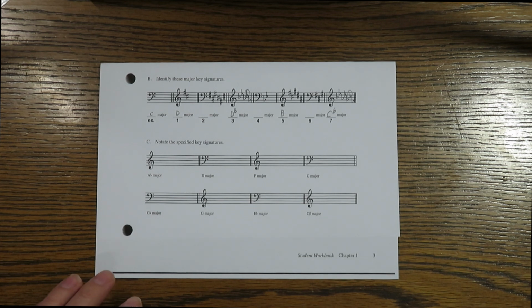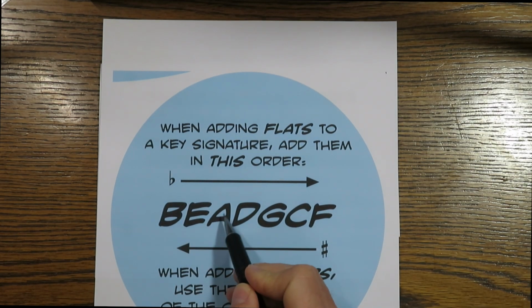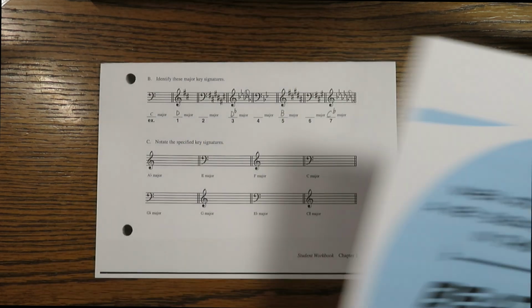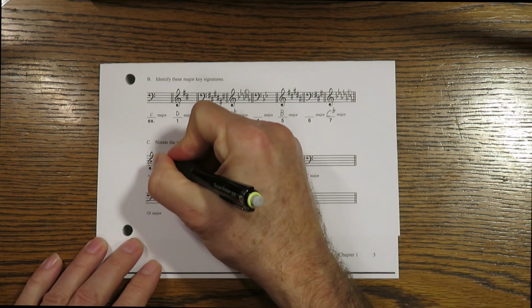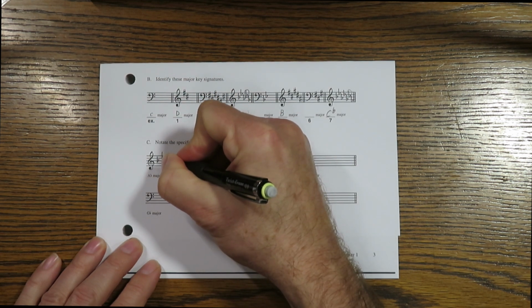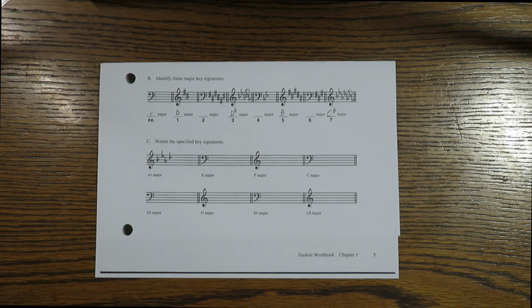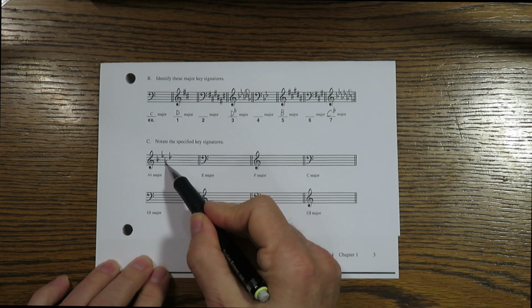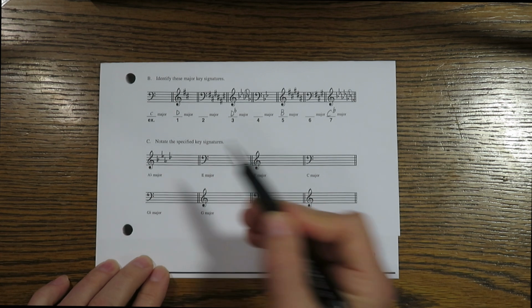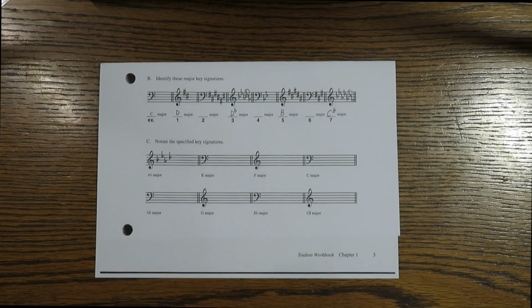Remember our mnemonic device: breakfast eating after donuts. So we go B, E, A, D. Treble clef, B, E, A, D. All right, and we do our little trick and check the second to the last flat, and it is an A flat. So we know we're right. That is A flat major.